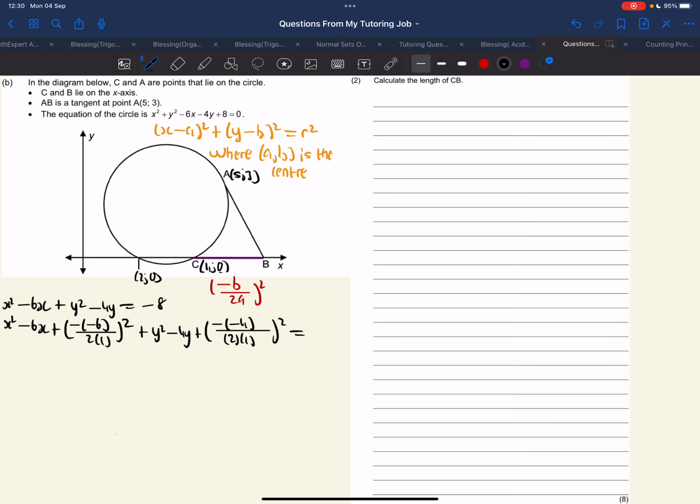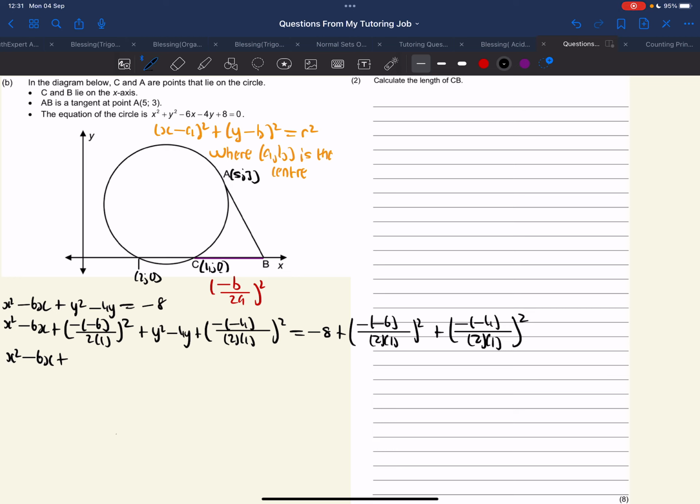Then equals minus 8 plus minus 6 over 2 times 1 squared, plus minus 4 over 2 times 1 squared as well.